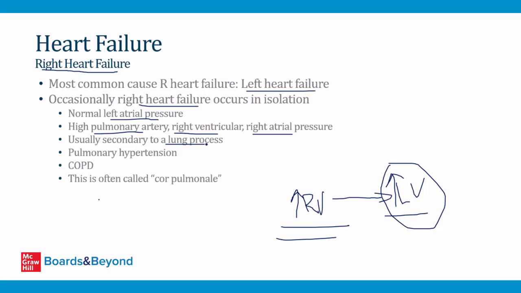So if patients have some form of lung disease, they develop pulmonary hypertension, which means high pressure in the pulmonary artery, and this causes the right ventricle to fail while the left ventricle stays normal. So you can see this in COPD and other forms of lung disease, and this is often called cor pulmonale because it's failure of the heart, coronary system, related to problems in the lung, the pulmonary system.